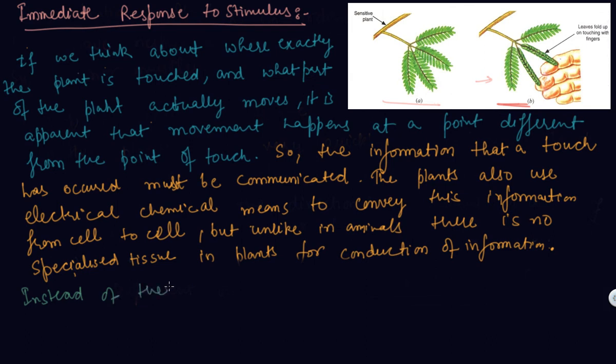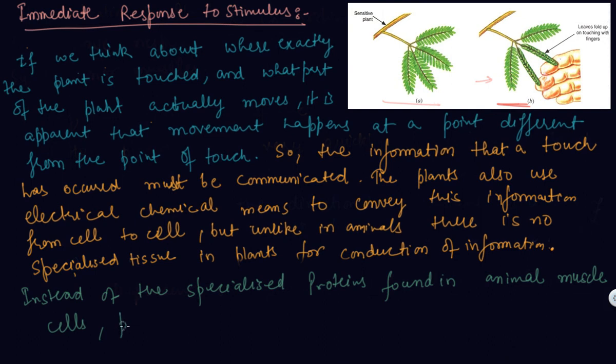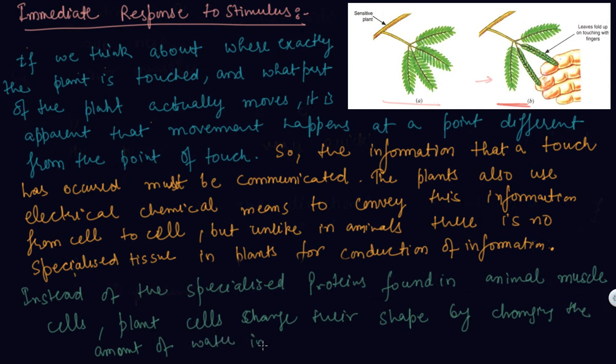Instead of the specialized proteins found in animal muscle cells, plant cells change their shape by changing the amount of water in them, resulting in swelling and shrinking, and therefore in changing shapes.